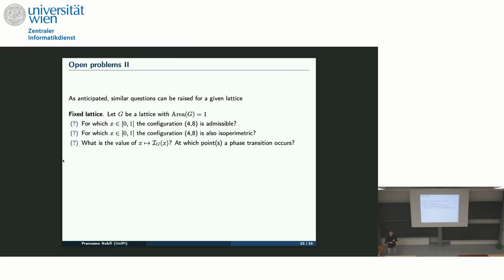So what kind of, when configuration 4.8, for instance, is admissible, which is the middle one. And we expect that when the lattice is too stretched, then there is no room to draw this, or even to be isoperimetric.